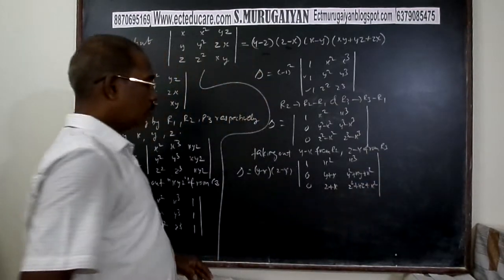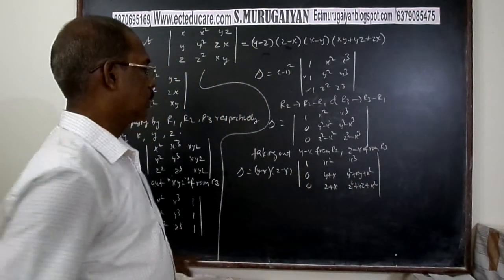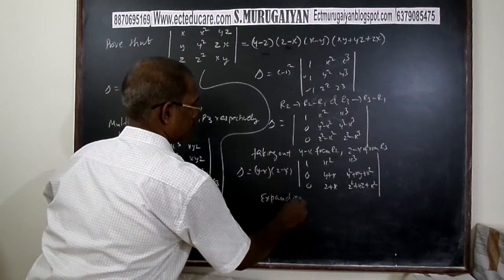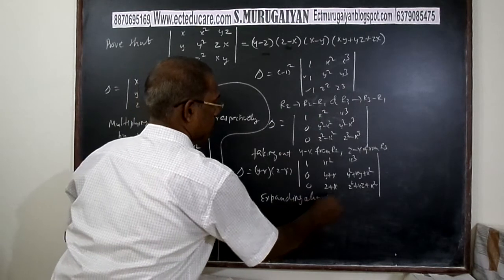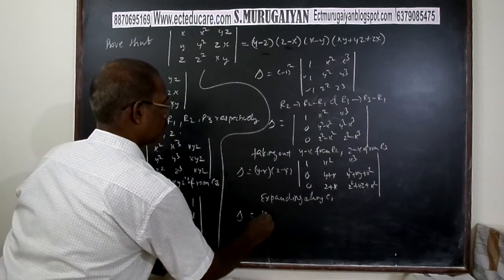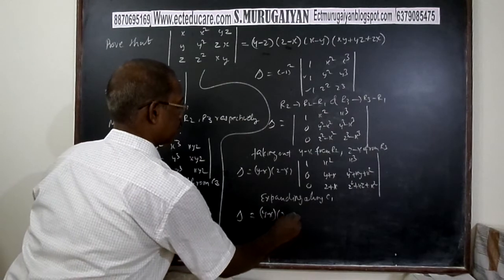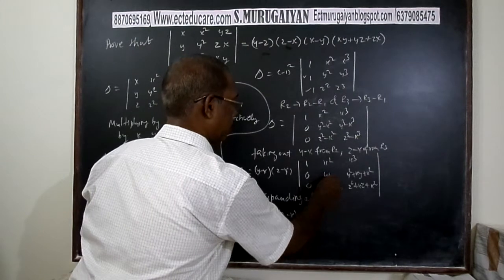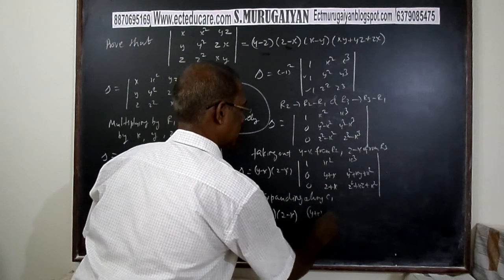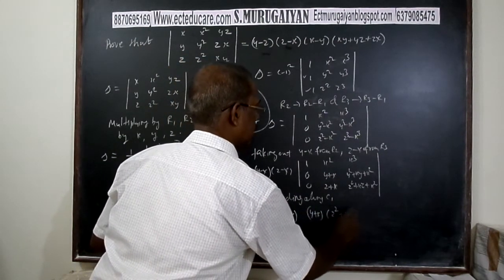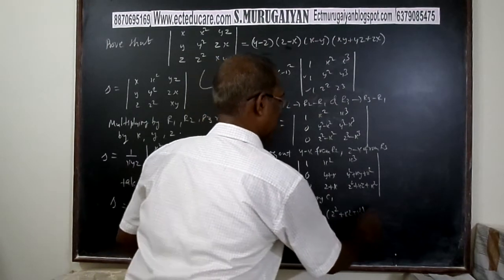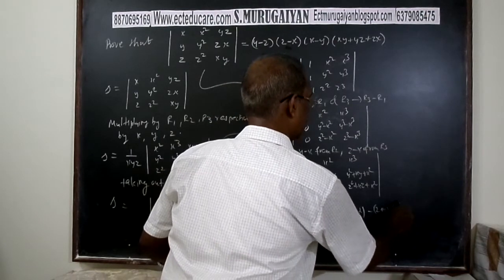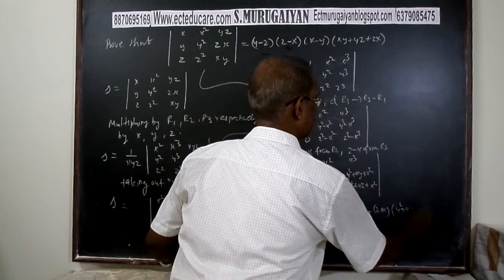Okay. Now there are two zeros in C1, expanding along C1, you can get delta equal to y minus x, z minus x into a11, straight away y plus x into z square plus xz plus x square minus z plus x into y square plus xy plus x square.